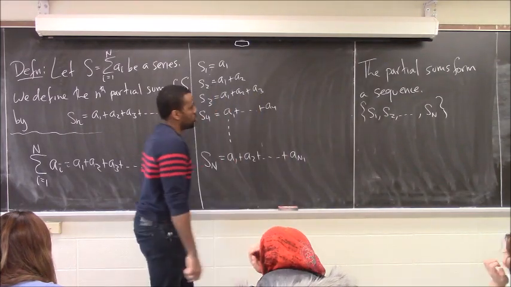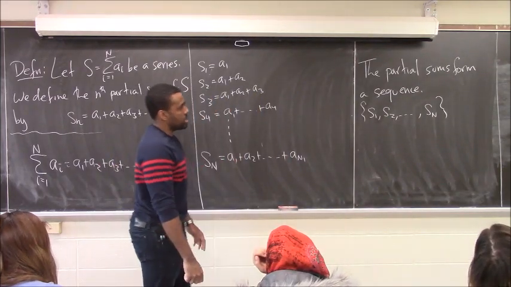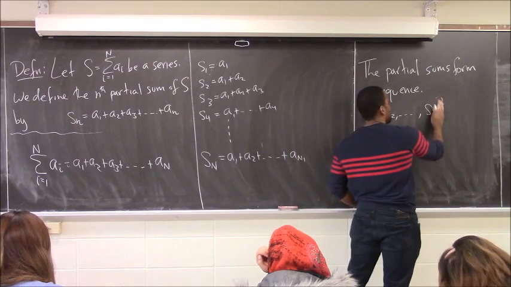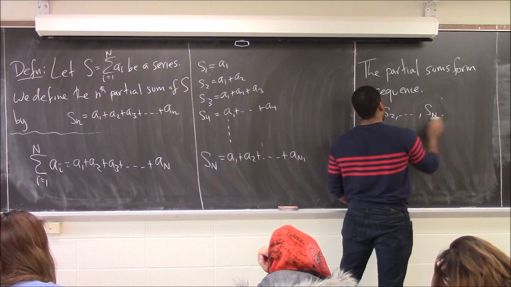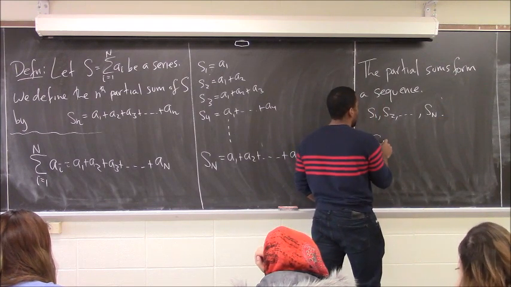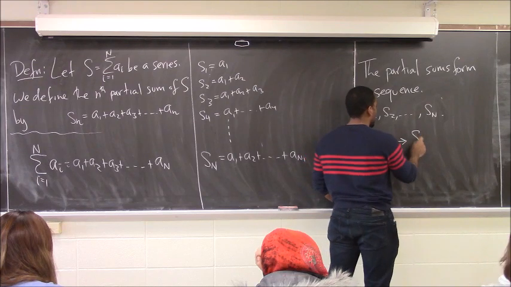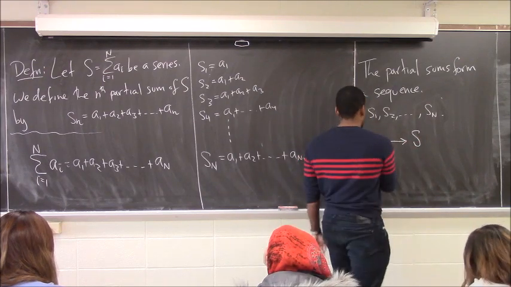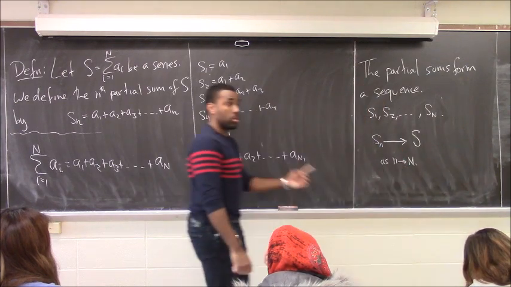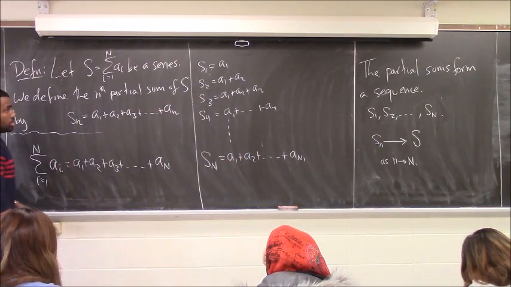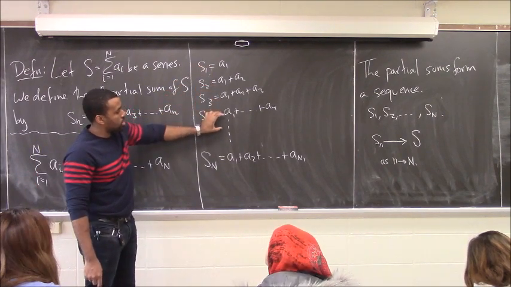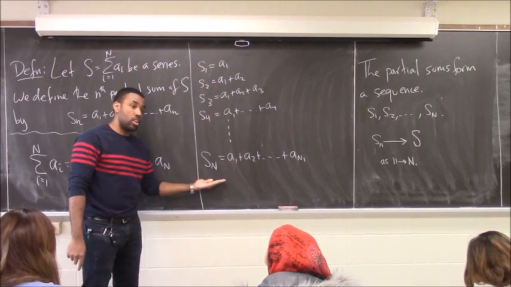And ultimately what you would notice is that the terms in this list, you will notice that Sn will approach what the actual sum is as n approaches the endpoint, right? So what you're noticing is these numbers are successively getting closer and closer and closer to the entire sum, right?